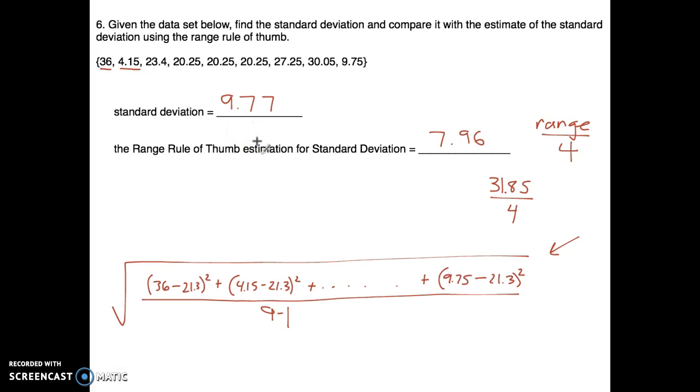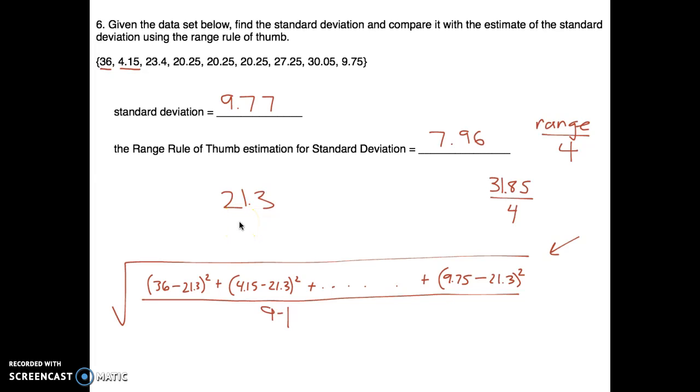Okay, so the whole point of standard deviation, if we go through and put all these numbers in order from least to greatest, we can say that most of the numbers are within one standard deviation of the mean. So if the mean is 21.3, we can say that most of the numbers, so more than half of the numbers, are within one standard deviation of the mean.